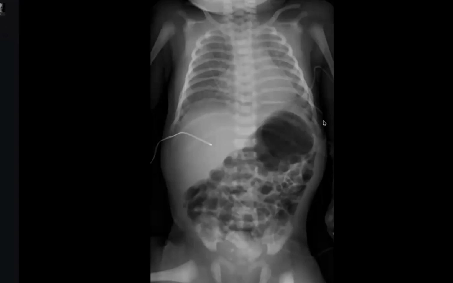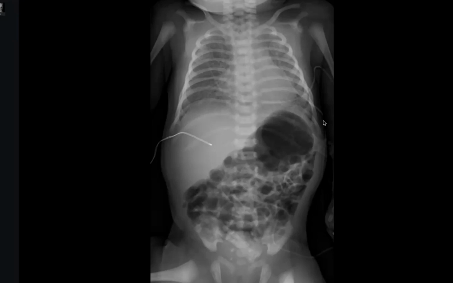Hello, doctor. A 0-day male neonate has respiratory distress and requires oxygenation. So I'm presented with a babygram of a recently born neonate with respiratory distress.